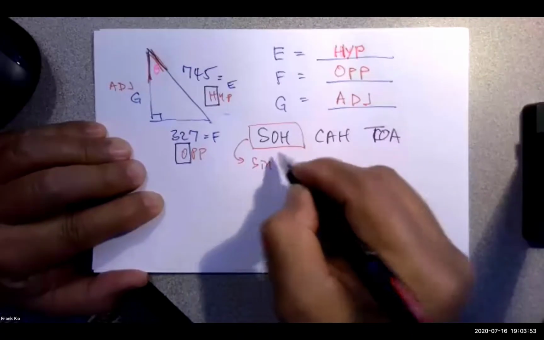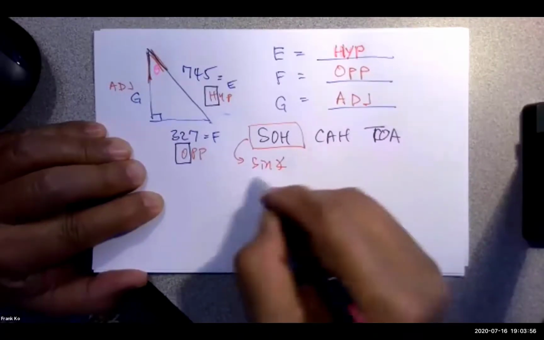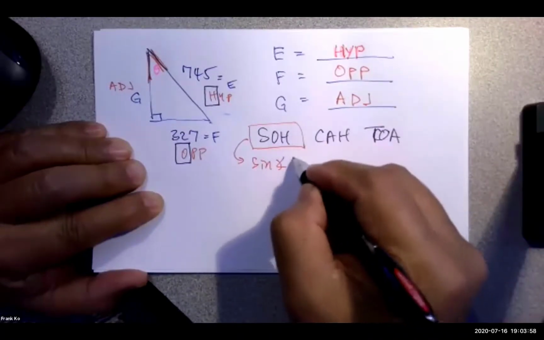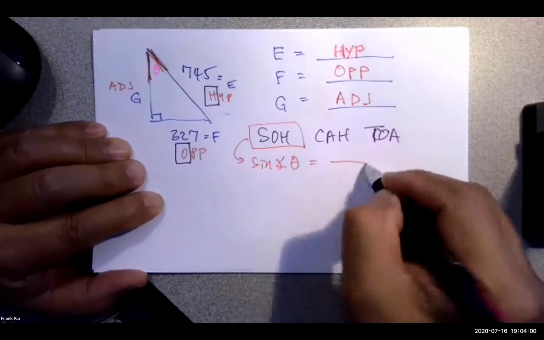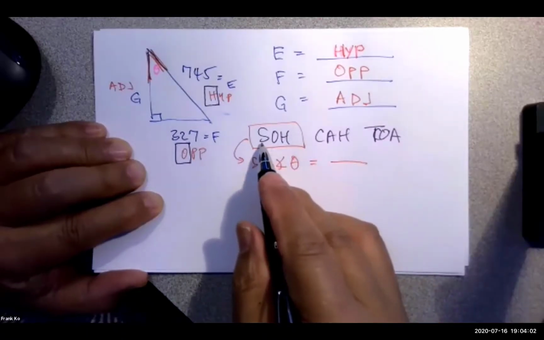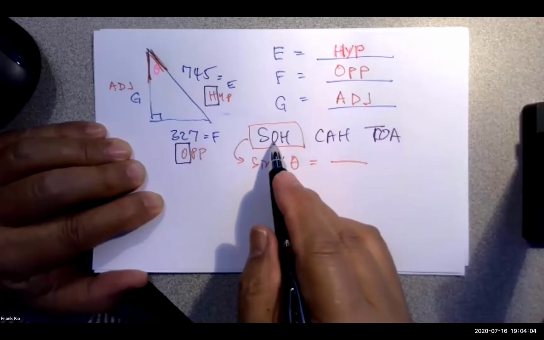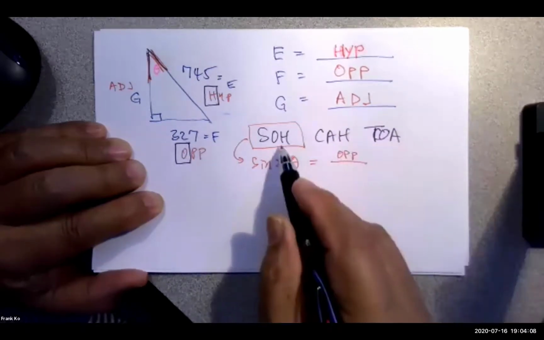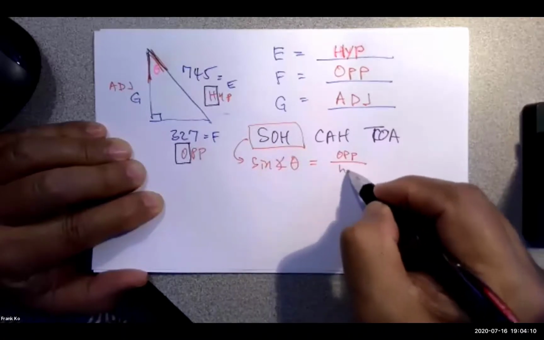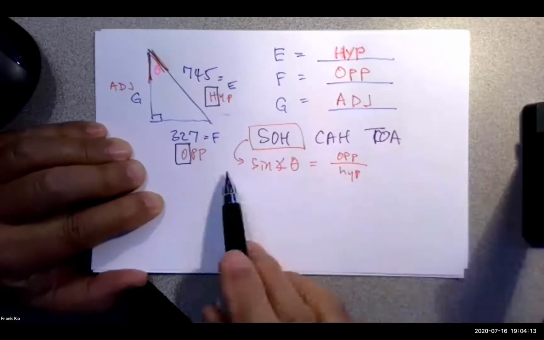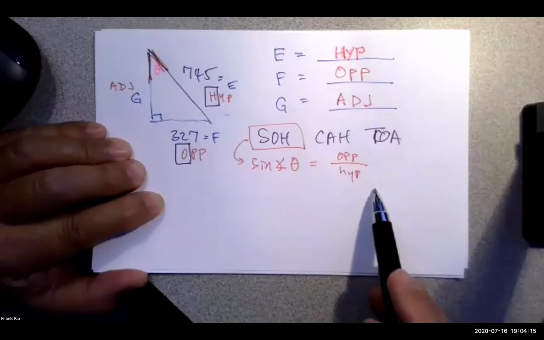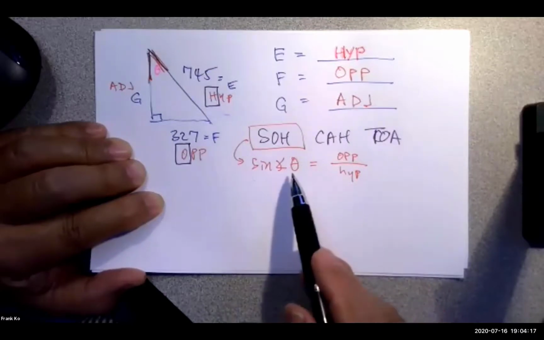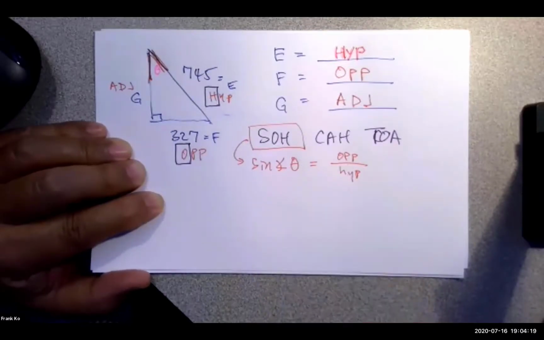The sine of angle theta is equal to a ratio. The first letter is S for sine, the second letter is O, which is my numerator. O stands for opposite. And H is my last letter. It stands for hypotenuse. It goes into the denominator. This is the formula of what we're going to use. The sine of an angle theta is equal to opposite over hypotenuse.